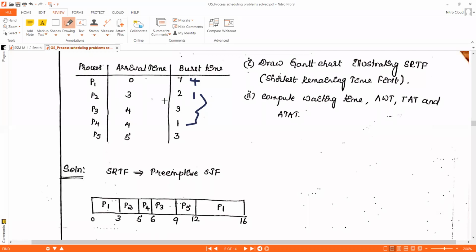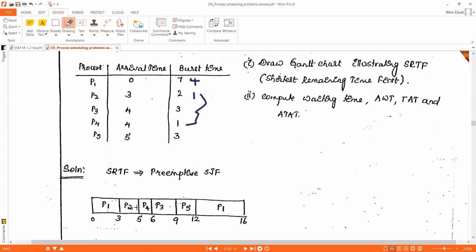Process 2 and process 4 both have 1 millisecond. If two processes have the same burst time, the process which arrived first to the ready queue will get executed. So even though process 4's burst time is 1 millisecond, process 2 will not get preempted from the CPU. It will be executed by the CPU.